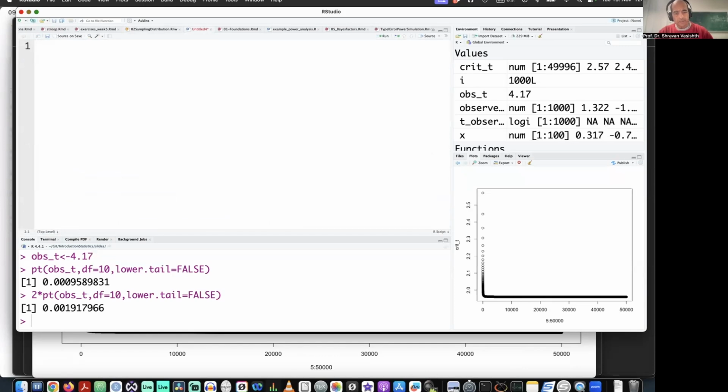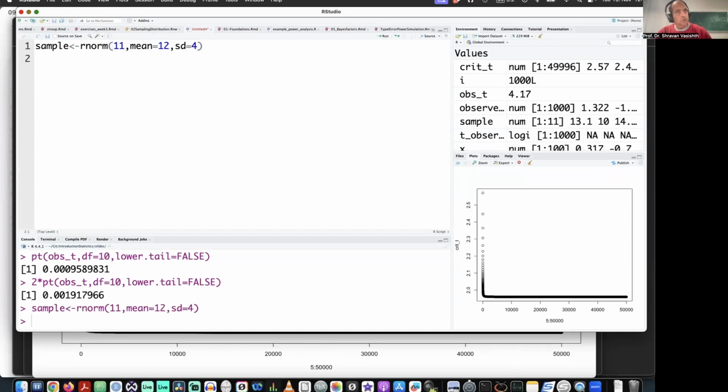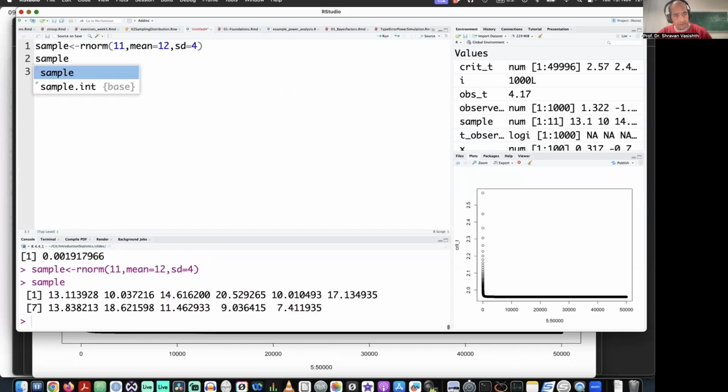So let's do this. I'm going to create a sample. I'm going to collect, let's say, 11 data points from a distribution with mean 12 and standard deviation 4. I'm just making these numbers up, okay? It could be any arbitrary number. So now these are 11 independent data points, actually.